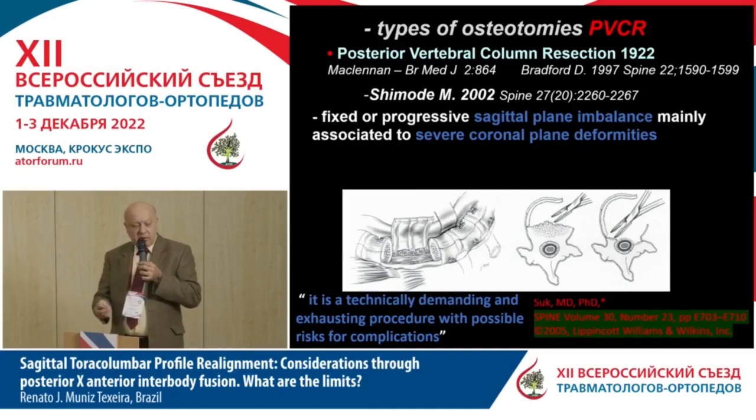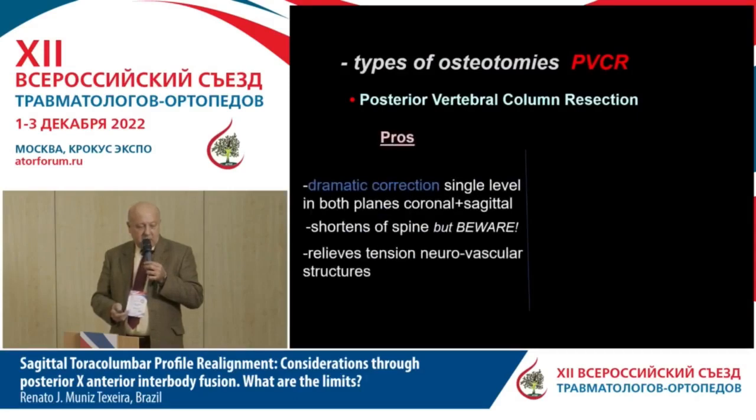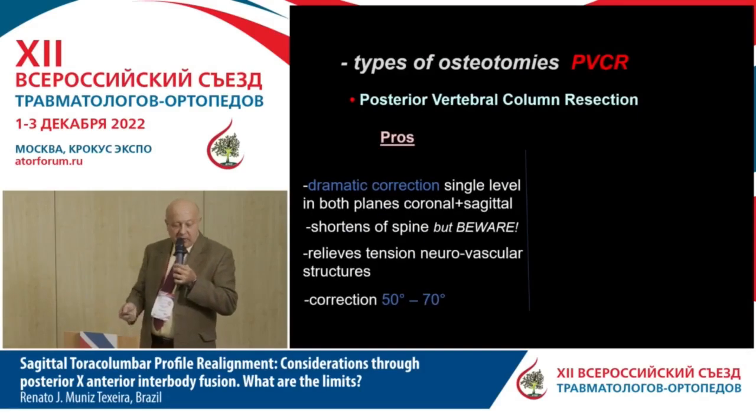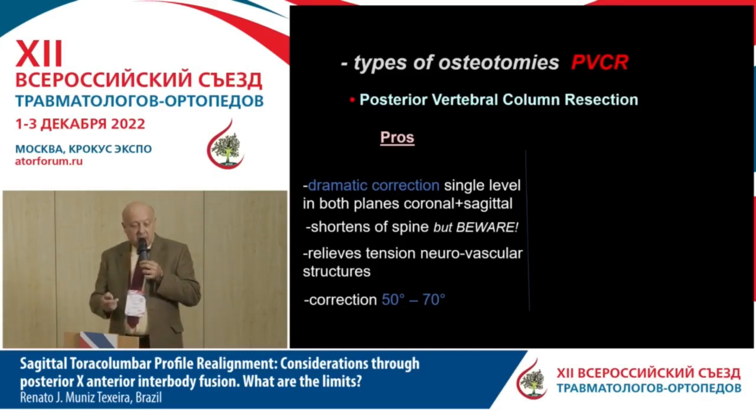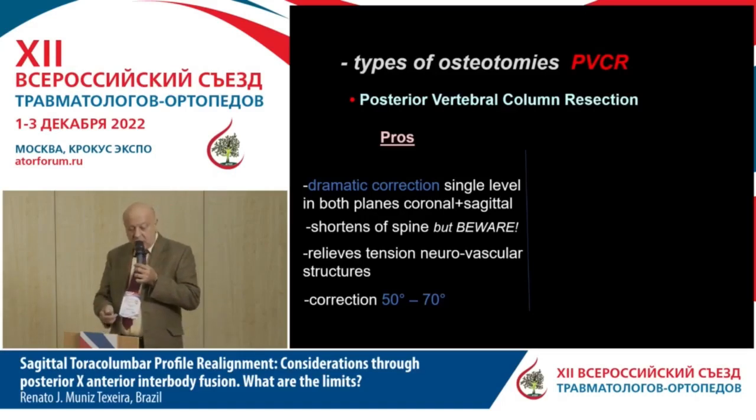We avoid using this procedure in the lumbar spine. But it permits a radical correction in a single level in both planes, coronal plus sagittal, shortens the spine, relieves tension on neurovascular structures, and correction between 50 to 70%.